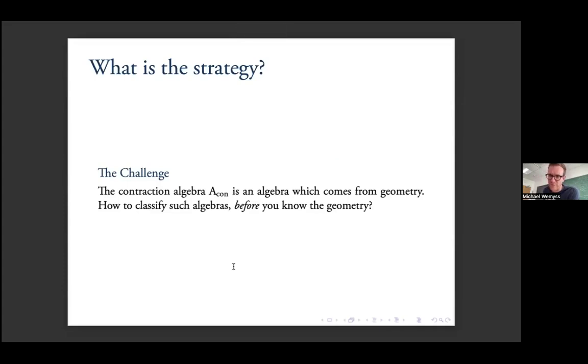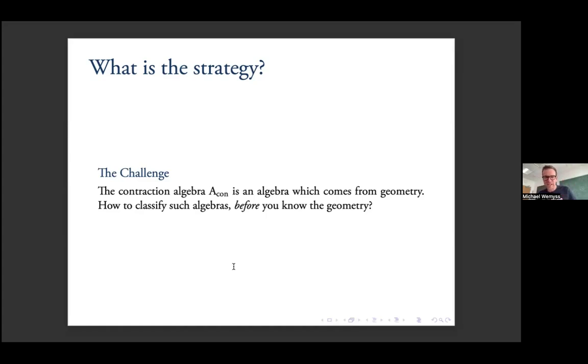Before you think how we're going to do it, you ask yourself the more general question: why do you believe it should be possible? Here's the key challenge. In some sense, the contraction algebras are algebras that come from geometry. That's where they come from, that's their definition. They're defined to be objects that come from geometry.